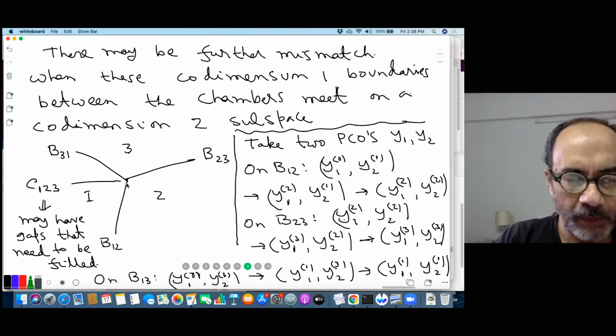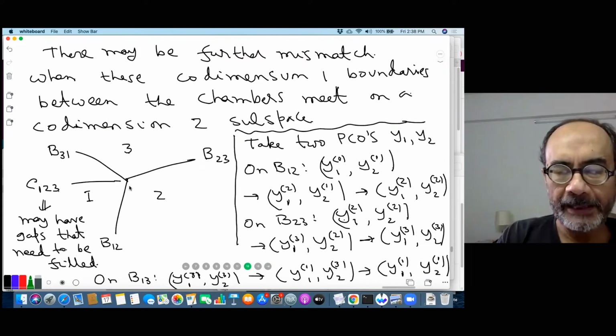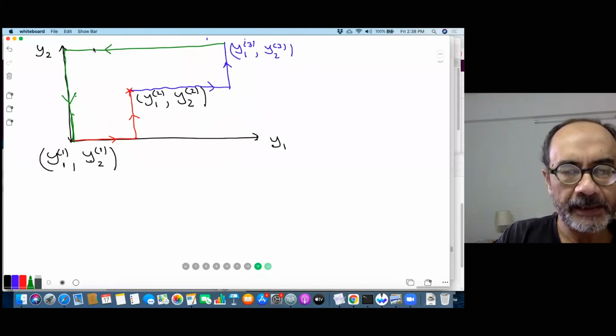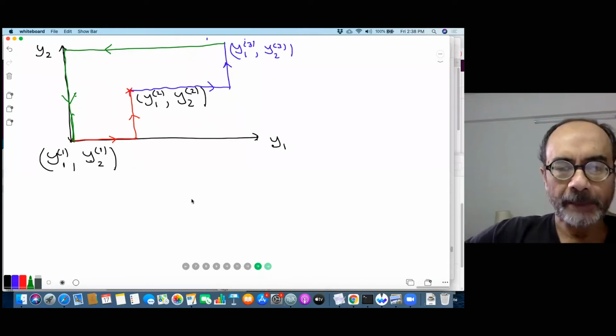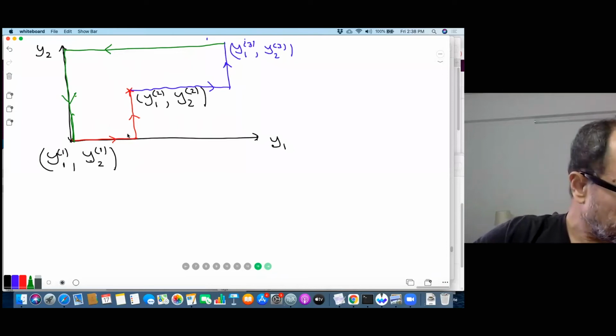This point is codimension 2. So if you want to make up the full dimension, you need a two-dimensional vertical segment erected on it to make it into the correct dimension that you started with. So on C2, 1, 2, 3, you have left a two-dimensional gap. Now we have to do a vertical integration along this surface, not along a line, along this surface, which is two-dimensional.